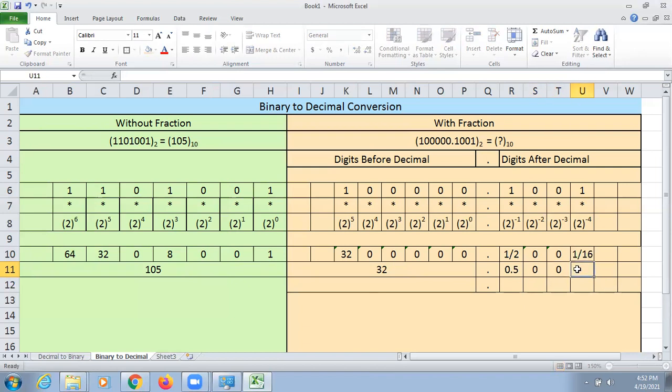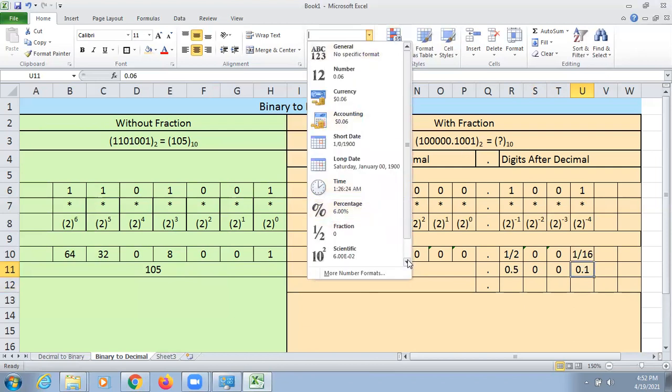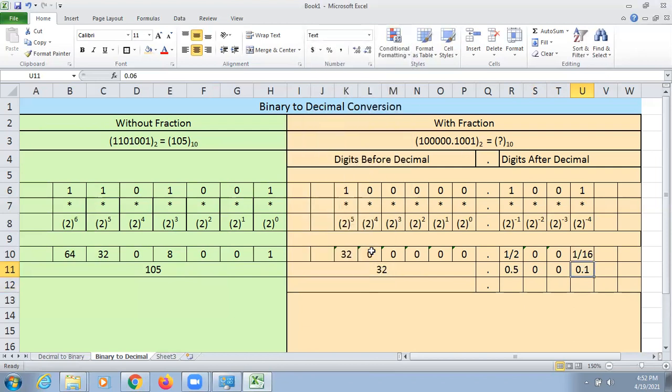And 1 divided by 16 is 0.06. Now we have to add 0.06 and 0.5.